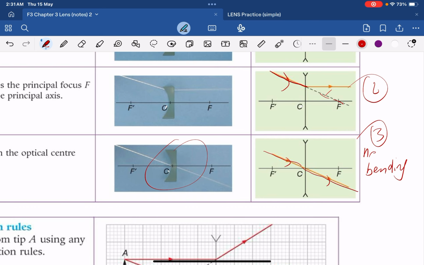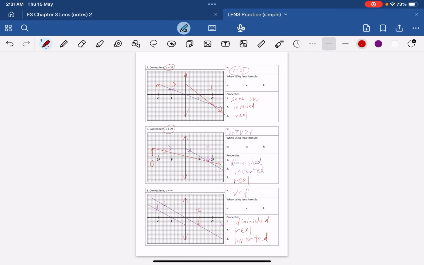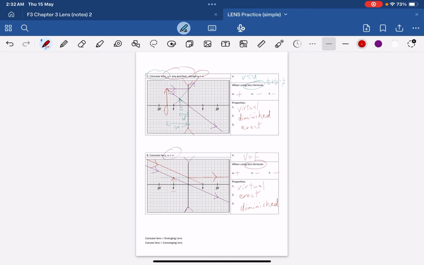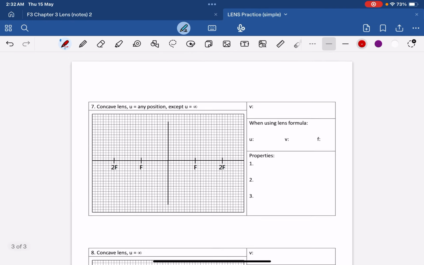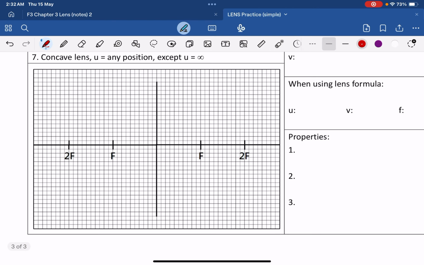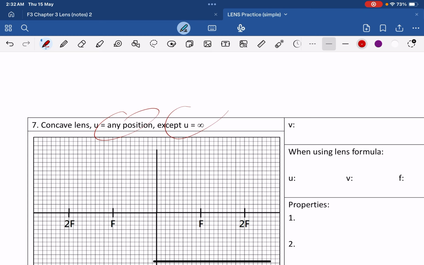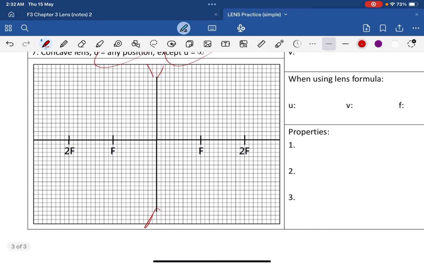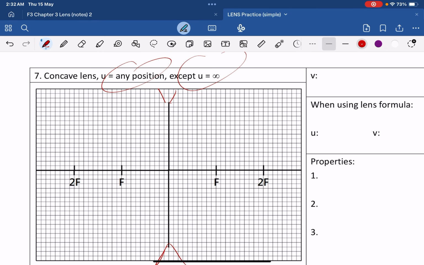There are two ray diagrams you need to draw for the concave lens. One is u at infinity. One is any position except infinity. Now first of all, we draw the concave lens and then for any position, we just draw an arrow somewhere.